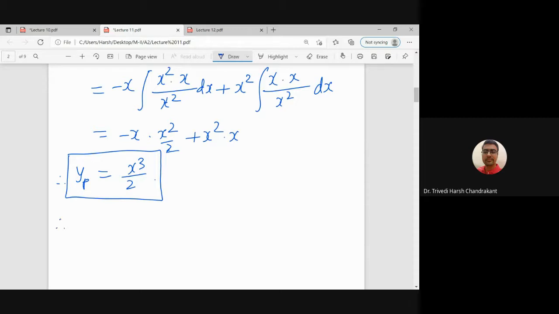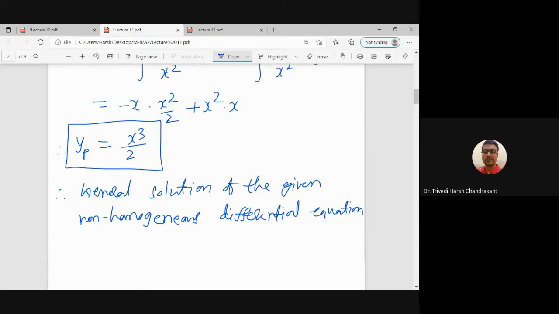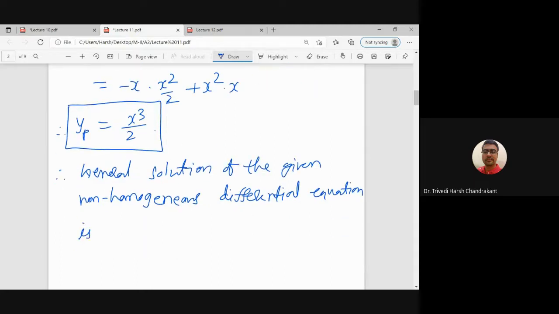So therefore general solution of the given non-homogeneous differential equation is y(x) equals to solution of the homogeneous part plus particular solution.